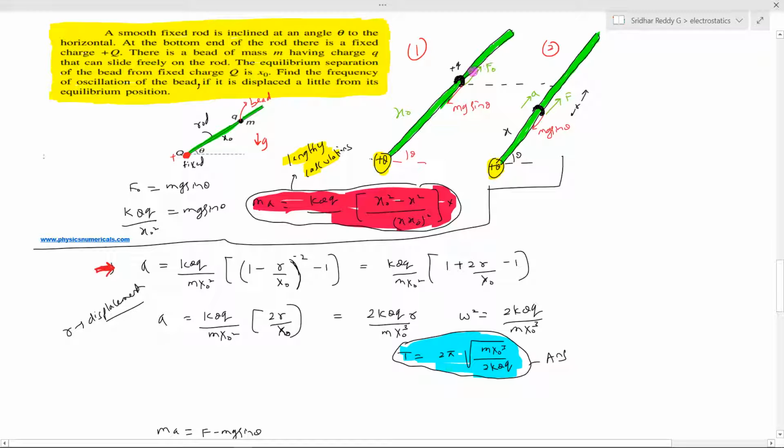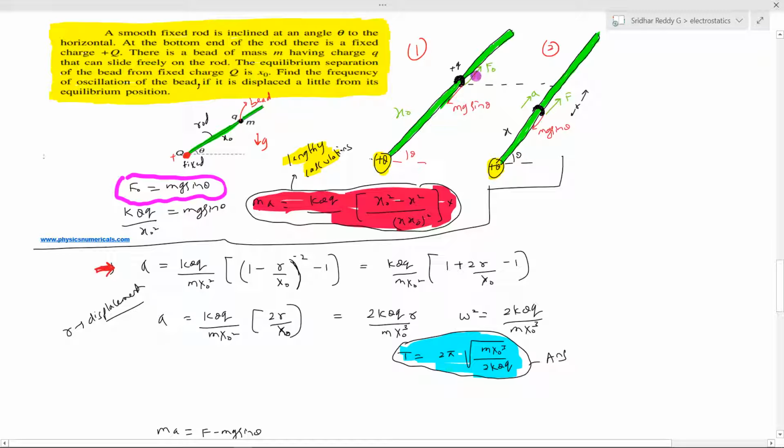So at equilibrium, we can write F naught equal to mg sin theta. What is F naught? From electrostatics, K Q by x naught square. What is x naught? The separation between the bead and the fixed point charge at equilibrium. Keep this in mind.